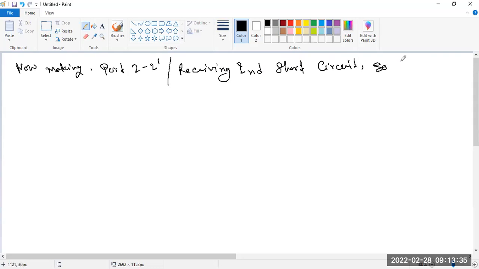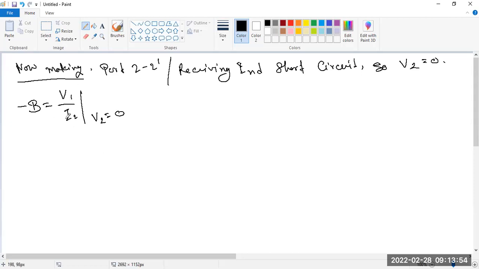So V2 became 0. Then we get minus B equal to V1 by I2, where V2 equal to 0.